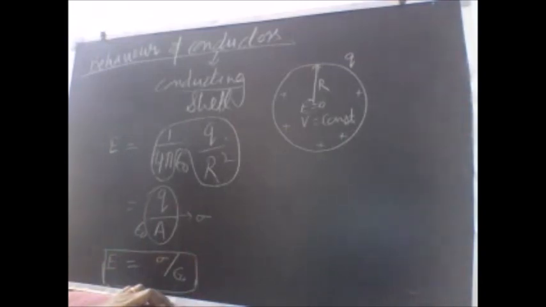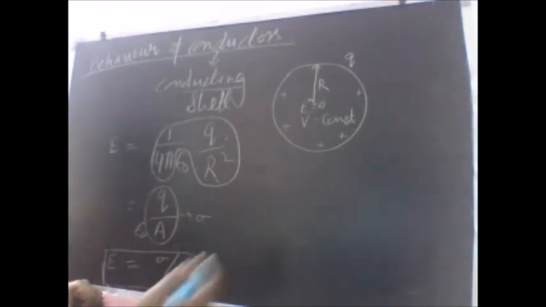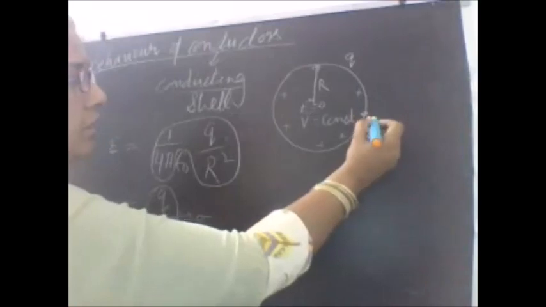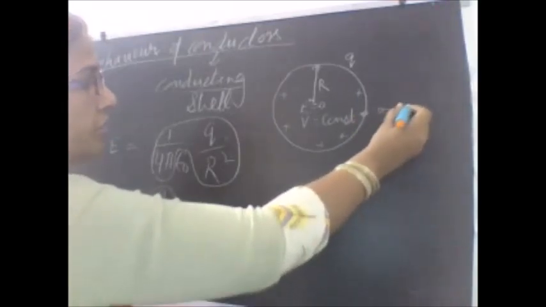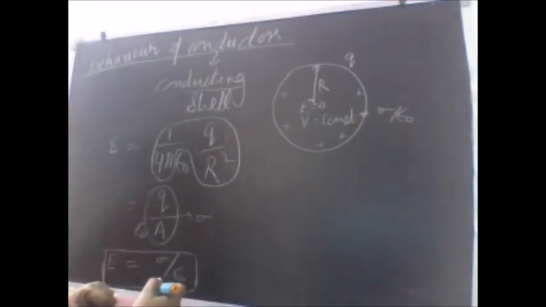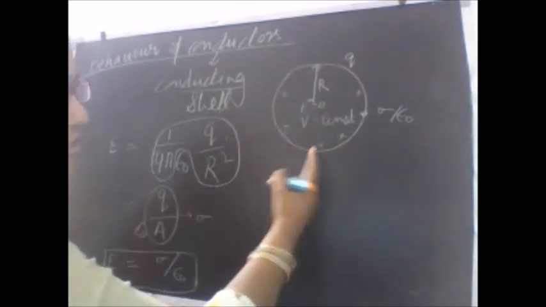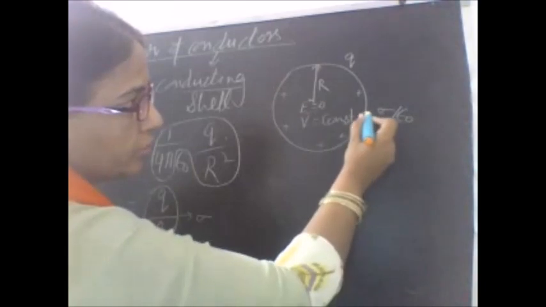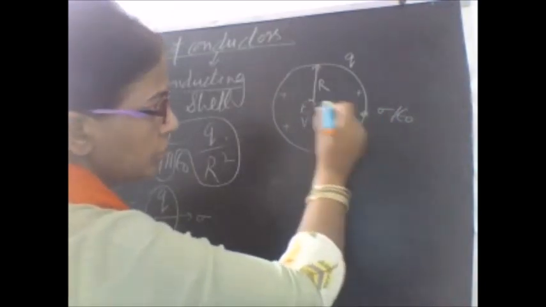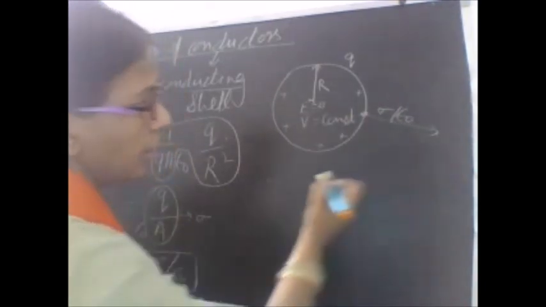And what is the direction, children? Because the electric field is a vector quantity, if I am saying that at this particular point the value of the electric field is sigma by epsilon naught, then there should be some direction. Easy. The sphere is positively charged, and due to the positive charge, the direction should be radially outward.